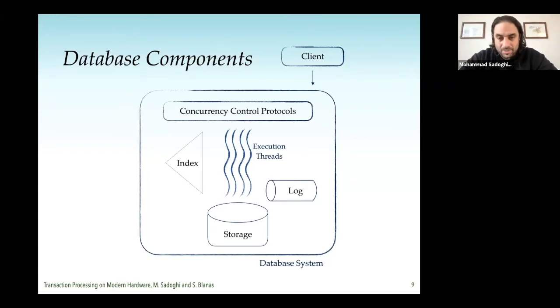Then the other component is a log. And the log, as the name suggests, is basically like a scratch book, or a bookkeeping journal, where anything that we do, we write it down. We're going to talk more in detail about why later today, but basically we want to make sure any action that is taken is logged.